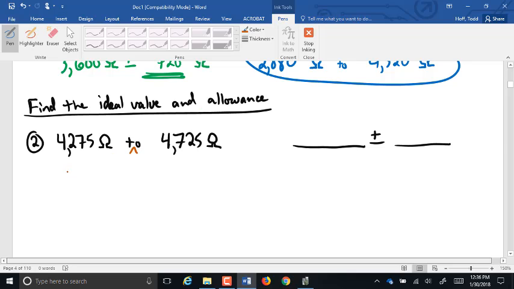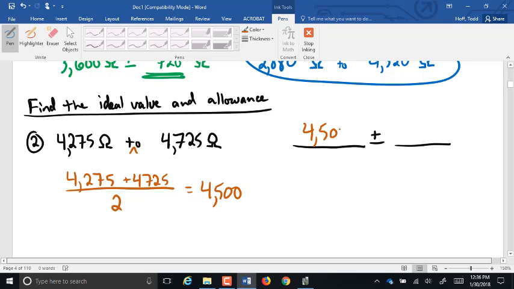To do that, we would add them together and divide by 2. We average them, that's 4,500 ohms.